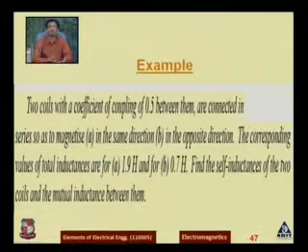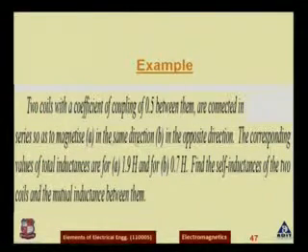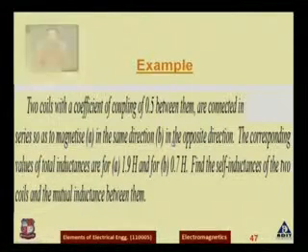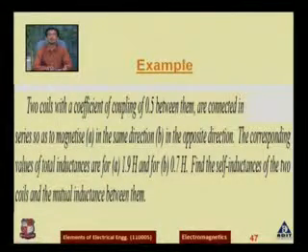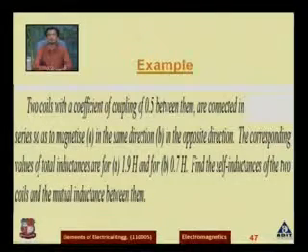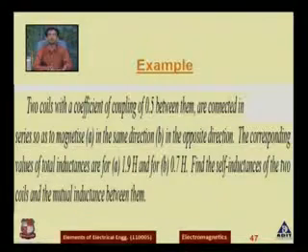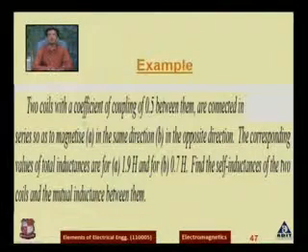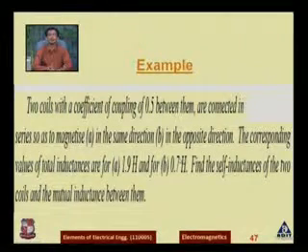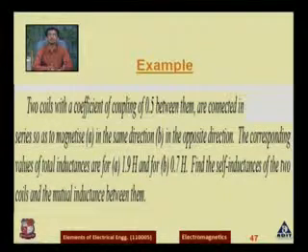Your first case is that if the series connection is in the same direction, what will be the total inductance? And if the two inductors are in opposite direction, then what will be the total equivalent inductance? The corresponding values of total inductance, 1.9 Henry and 0.7 Henry, are given, and you have to also find the self inductance of the two coils and the mutual inductance between them.